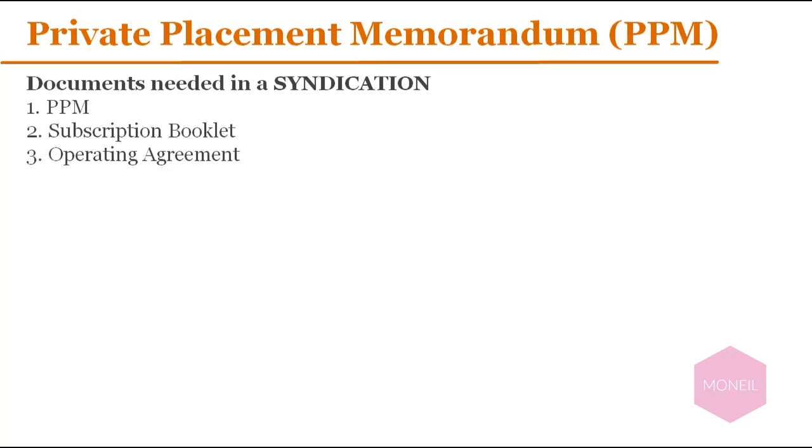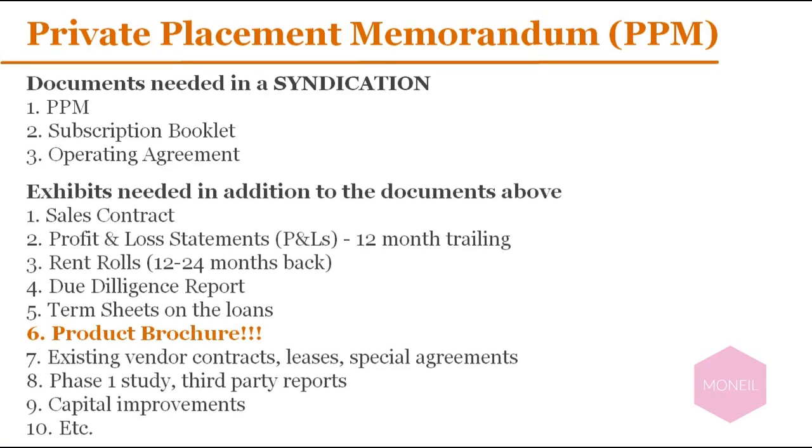Along with it, the executed sales contract, the P&Ls, 12-month trailing profit and loss statements, the last 6 months, last 3 months, the rent rolls of the last year or 2 years, then also the current rent roll as close as possible, the due diligence report, any other term sheets on the loans, the product brochure.